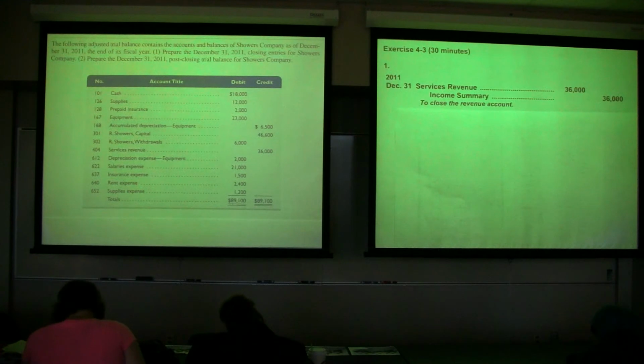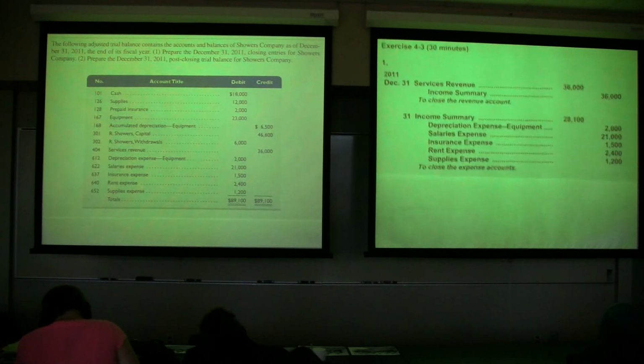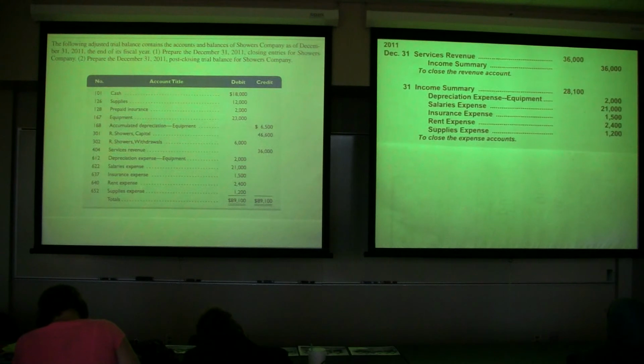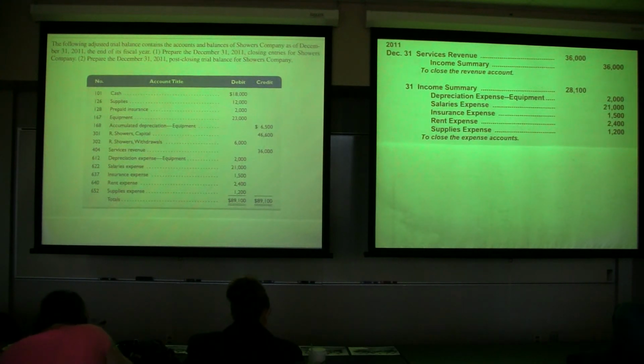Now here's step two, where you close the expenses to income summary. And don't forget, be sure it's a compound entry, so you have one income summary and all the expenses close to that one income summary.